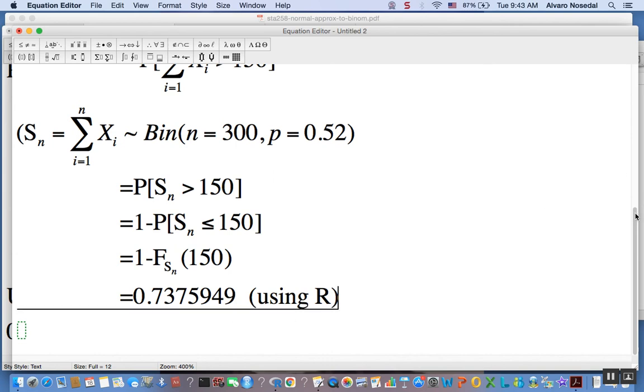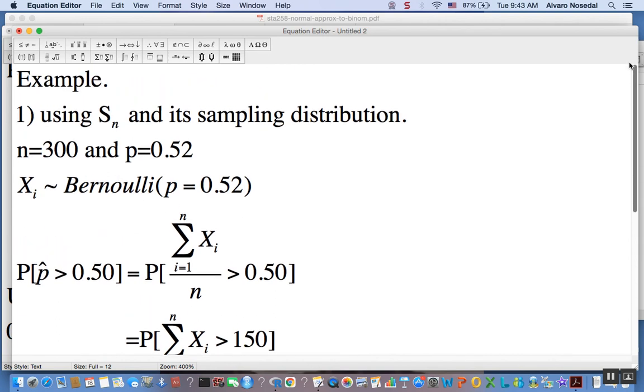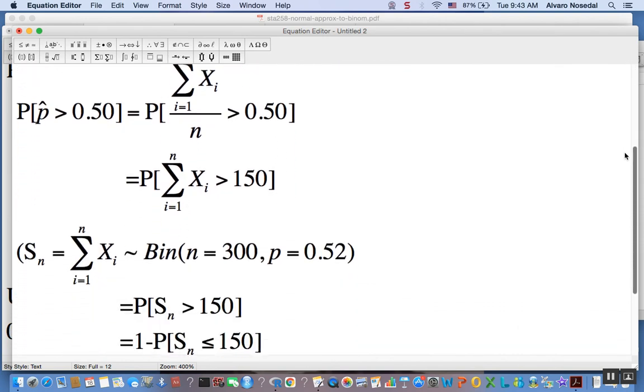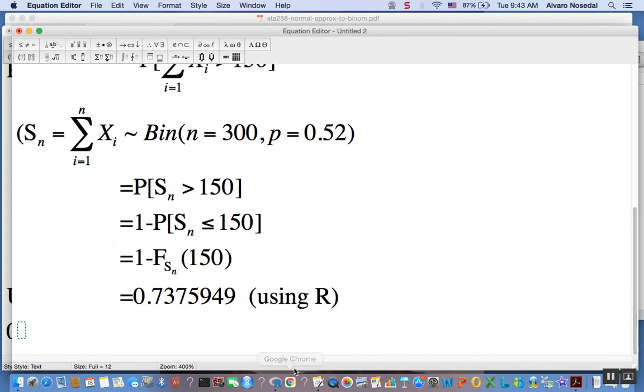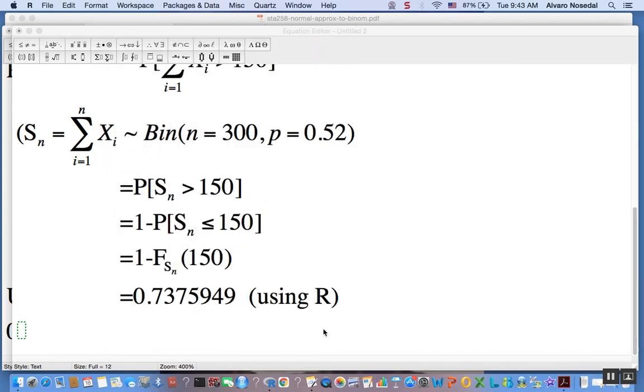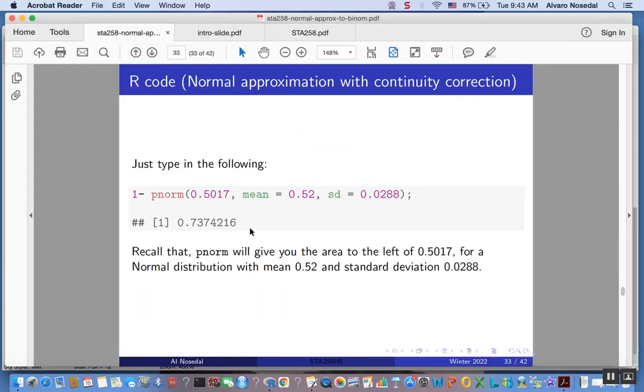That was using Sn and that sampling distribution, which was binomial. That is an exact probability, and this one is the approximation. So really close. Okay, so much better.